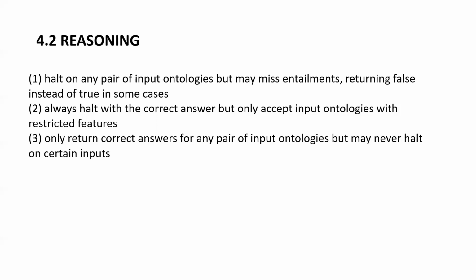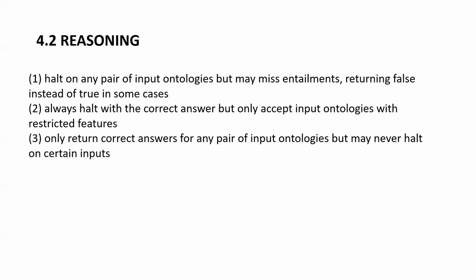The second always halts with the correct answer. However, it only accepts input ontologies with limited features. The third returns the correct answer only for its input ontology pairs but does not stop on specific inputs. The third option was explored using theorem provers for FOL, but the first and second options are more commonly pursued using rule and description logics.